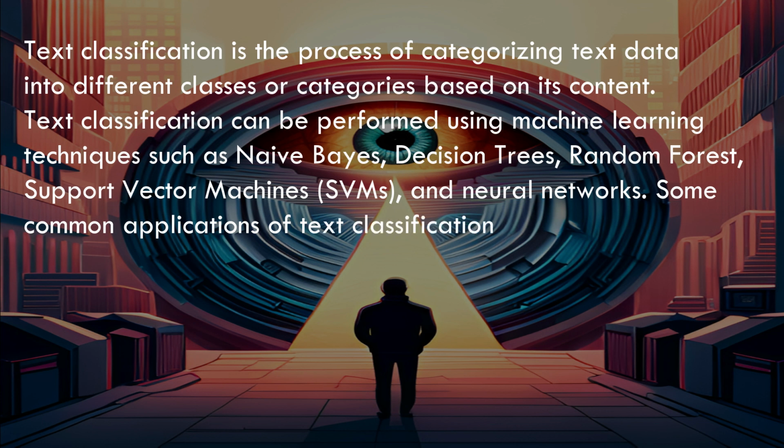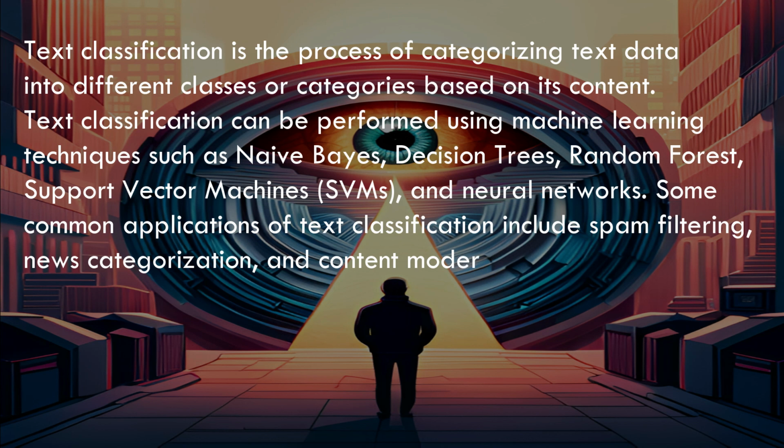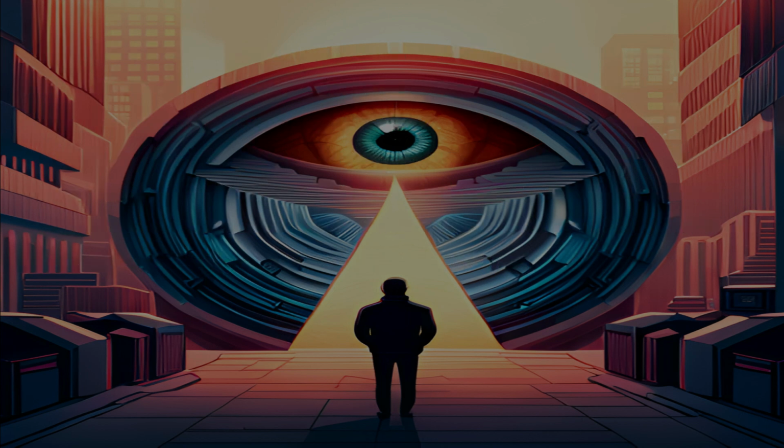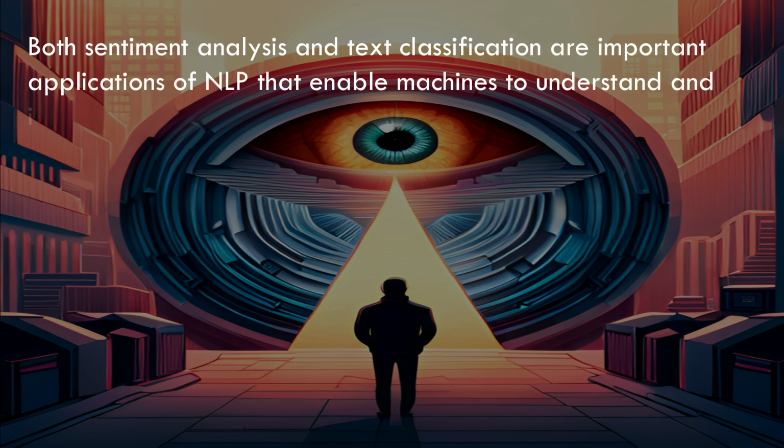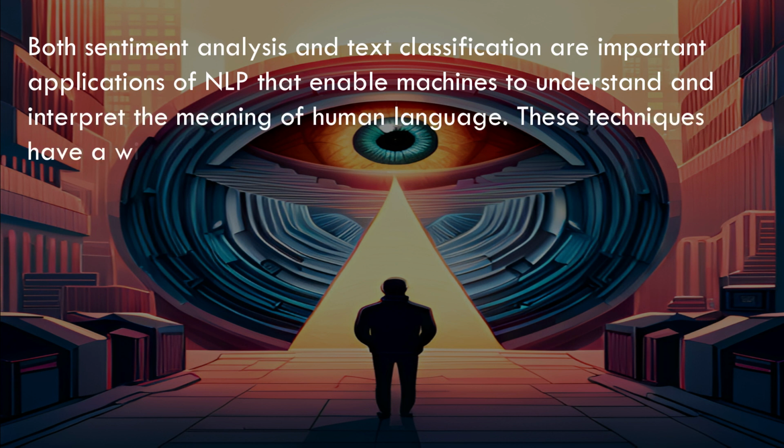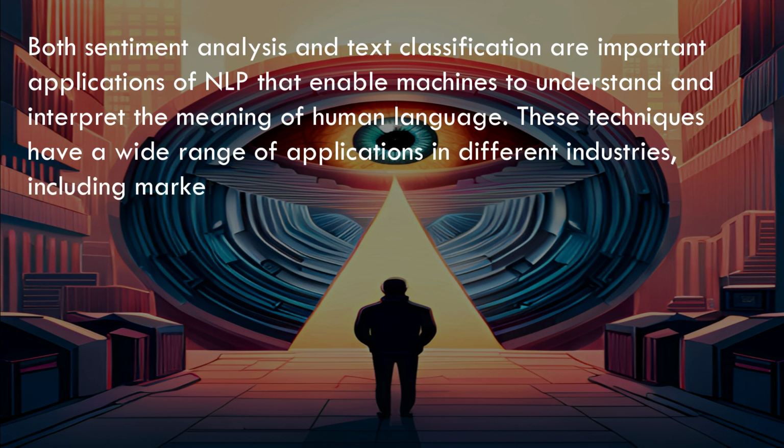Some common applications of text classification include spam filtering, news categorization, and content moderation. Both sentiment analysis and text classification are important applications of NLP that enable machines to understand and interpret the meaning of human language. These techniques have a wide range of applications in different industries, including marketing, customer service, social media analysis, and more.